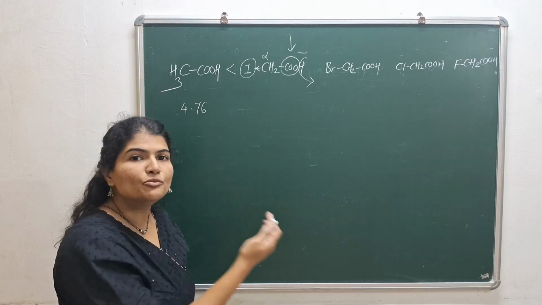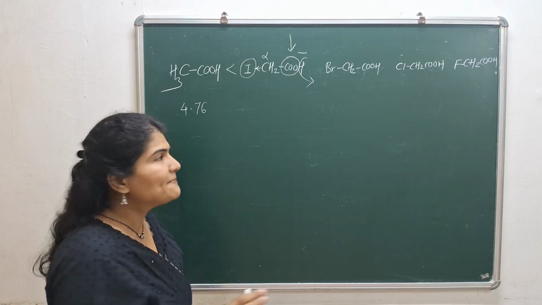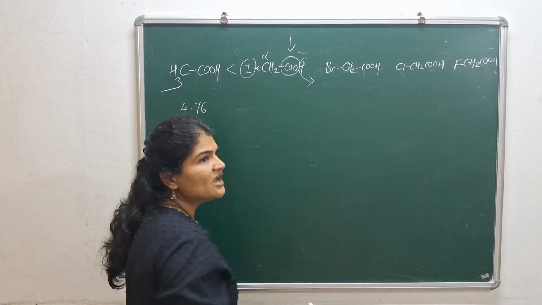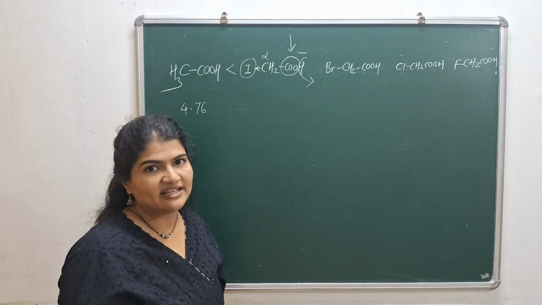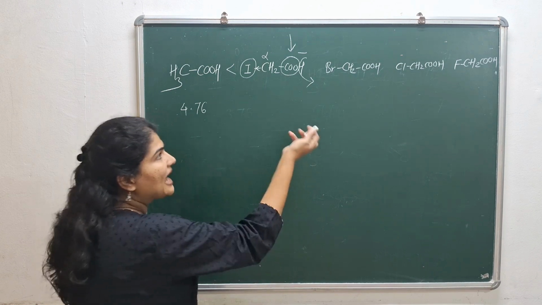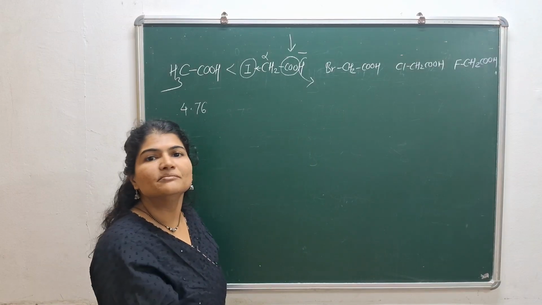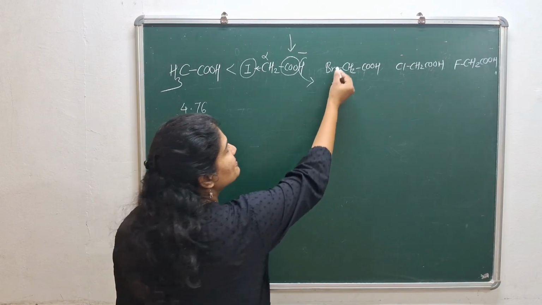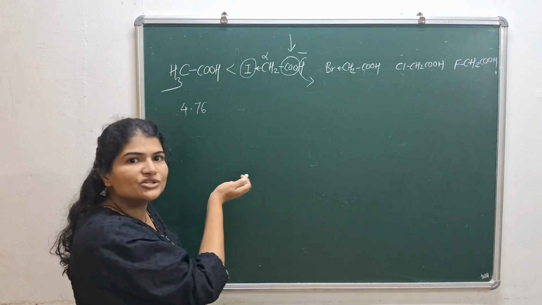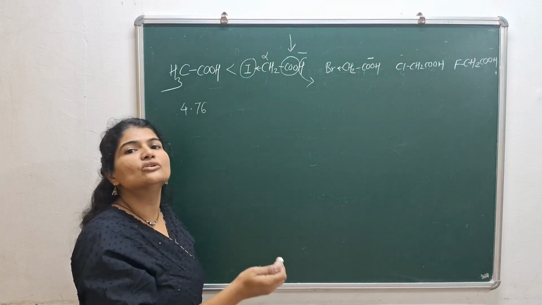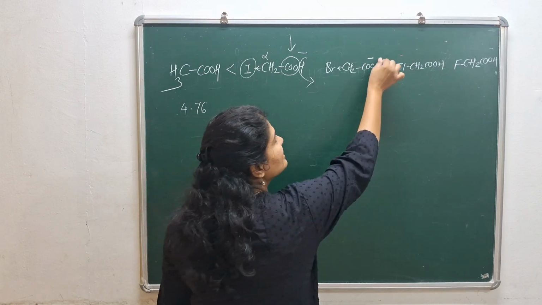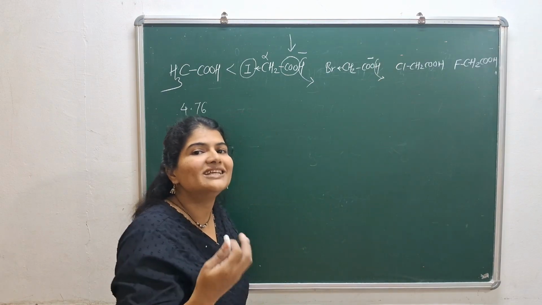Now let's move on to bromoacetic acid. Now what happens? Iodine and bromine, when we look at them, bromine is more electronegative than iodine. So it will have an even higher negative inductive effect. So it will pull the electrons even more strongly, in turn reducing the negative charge even more efficiently and making the release of proton even easier.